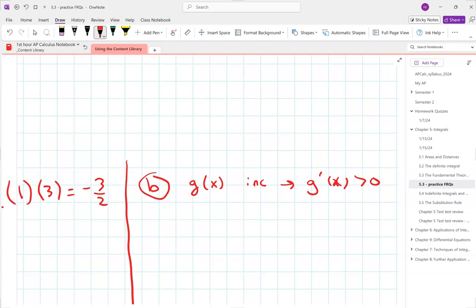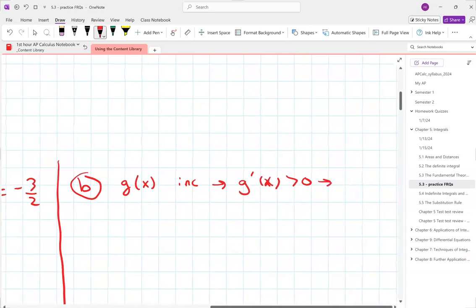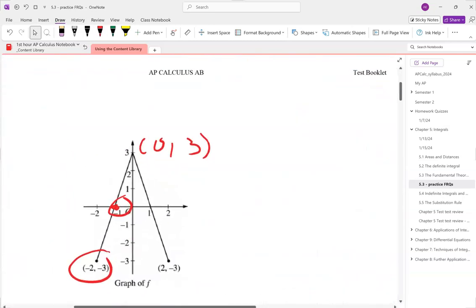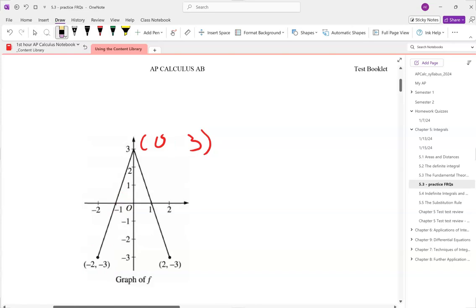Remember that the derivative of g was f of x. So we're just looking for where f of x is positive. So I'll go to my graph. Where is f of x positive? -1 to 1, right? Just to where it's above the x-axis.